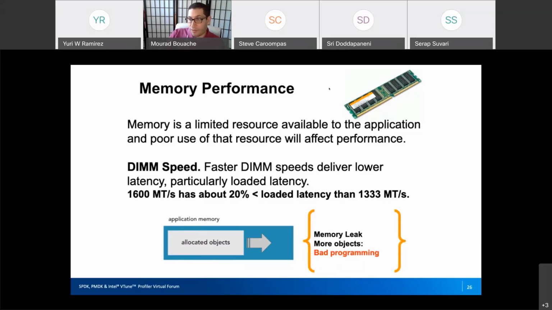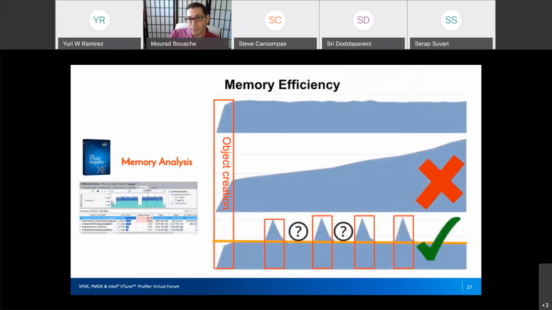If we are talking, for example, about a Java application where you do allocation for objects, memory efficiency matters: when we create objects, you see something like this, and you are eating more and more of your memory, and this will have an impact on your performance. We would like to be stable instead of increasing all the time in terms of memory, which affects the memory efficiency.